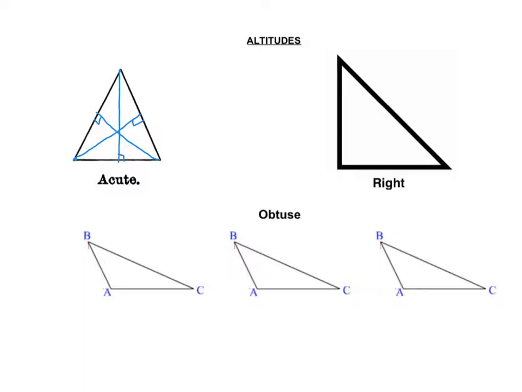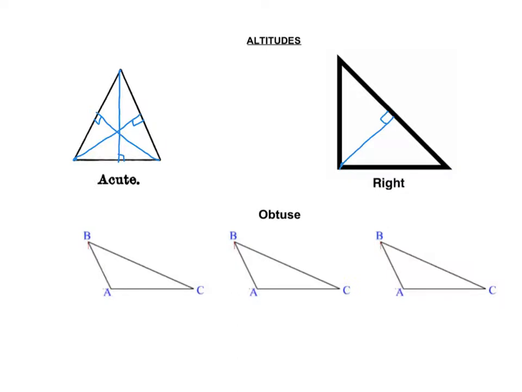All right. So now for right triangles, we're only going to have one. It starts at our vertex and goes right to make a perpendicular bisector, and that's our altitude for a right triangle. Now, we know we have 3 vertices for obtuse triangles.